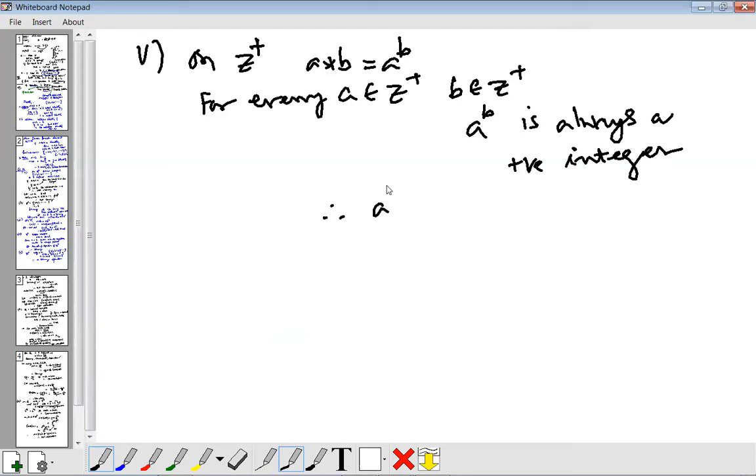Therefore, A to the power of B belongs to Z plus. That implies it's a binary operation.